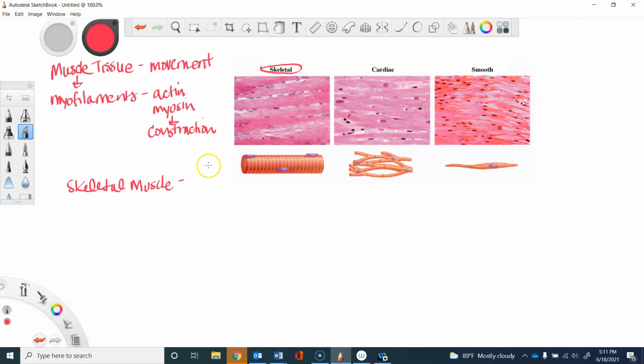Okay, their cells are bundles of cells, and they look like fibers. So they're often called muscle fibers. So they look kind of like this, like tubes.